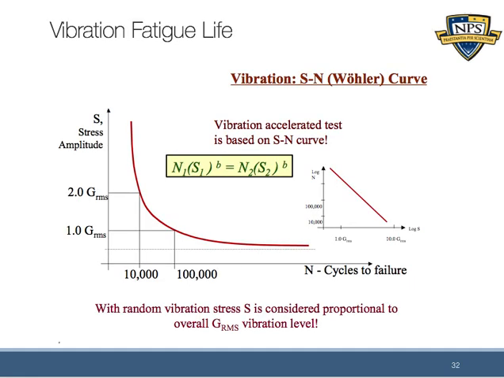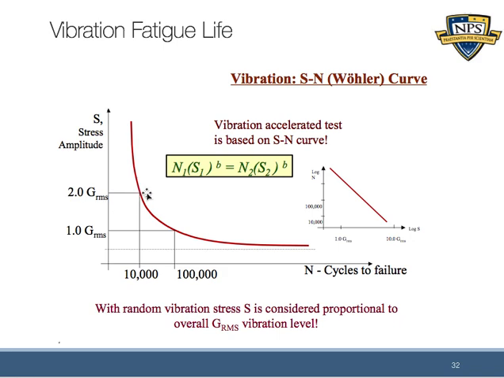Okay, so what this graph here shows is the inverse relationship of stress and number of cycles. And essentially what this shows is that at a low number of cycles, it'll take a high stress to precipitate a failure. At a higher number of cycles, it'll take a lower stress, right?